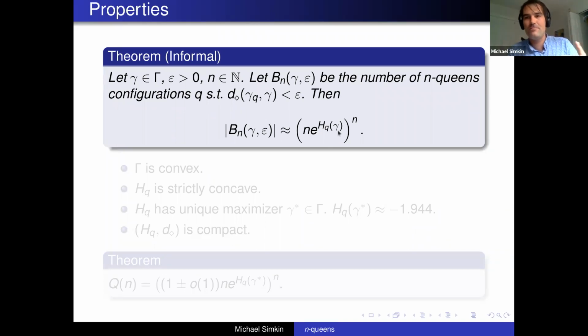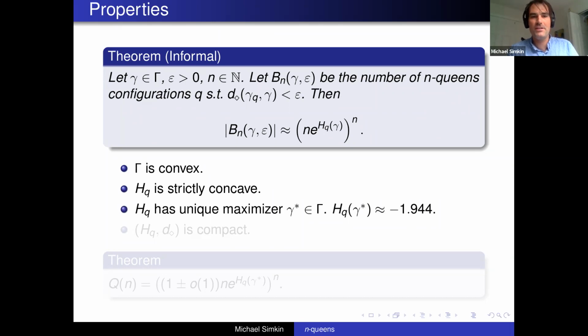This space of distributions that I call quinons has a lot of very nice properties. It's convex. The entropy function is concave. Because of these, the entropy function has a unique maximizer. And also, as a metric space, in the way that I care about, these quinons are compact. And all of this boils down to the following. If you want to know how many n-Queens configurations there are, you need to find the distribution gamma that maximizes this entropy function.